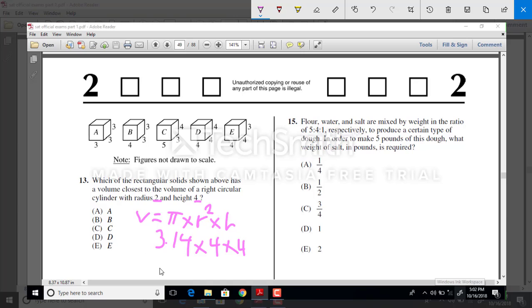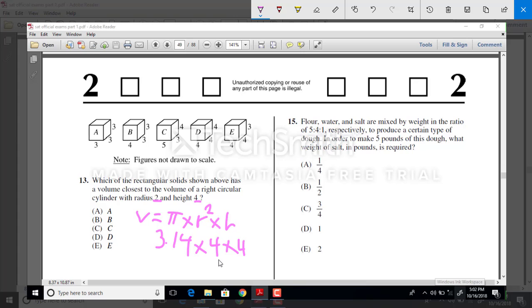The question: which one is closest to the volume of the cylinder of these rectangular prisms? Without solving, what's the volume of each solid here? Length times width times height. So I'm going to multiply the 3 dimensions by each other. What's the closest?